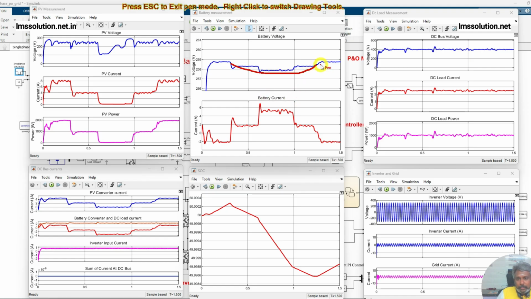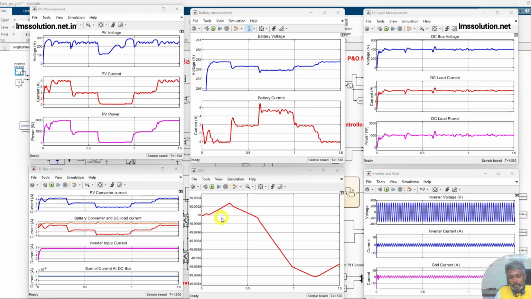When it goes into charging mode, the battery voltage is increasing. So you can see the battery voltage increase and decrease and then again increase. Battery voltage increases during charging and decreases during discharging. Also, you can see the battery current is negative, in the sense that the battery is going into charging mode. When the battery current is positive, the battery is going into discharging mode.